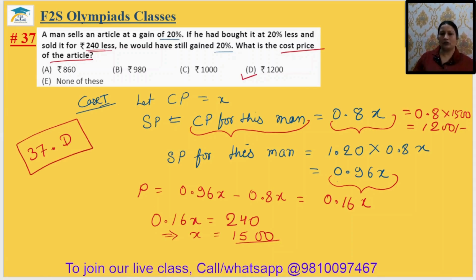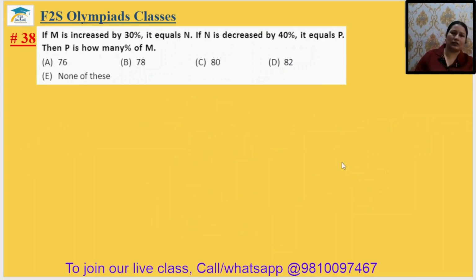ठीक है, now our next question is question number 38. If M is increased by 30%, it equals to N, and N is decreased by 40%, it equals to P. Then P is how many percentage of M. ठीक है, so M is increased, so N equal to, we can write 1.3M.